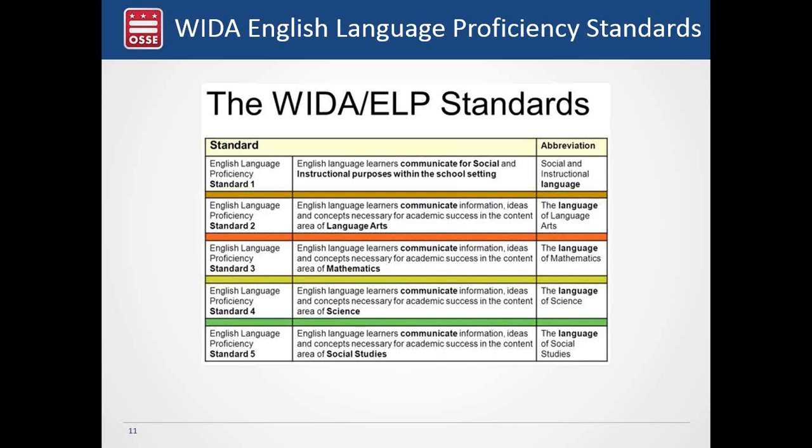It's important that we are helping students develop not only social language, listening, speaking, reading, and writing skills so that they can interact with one another in social settings, but that we're also developing their English language proficiency in the content areas.